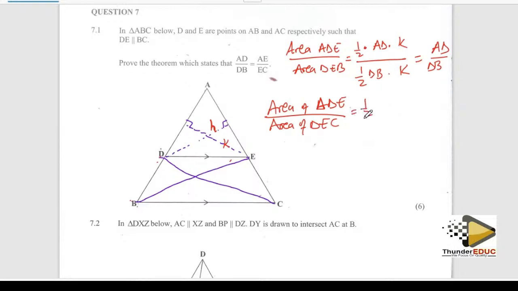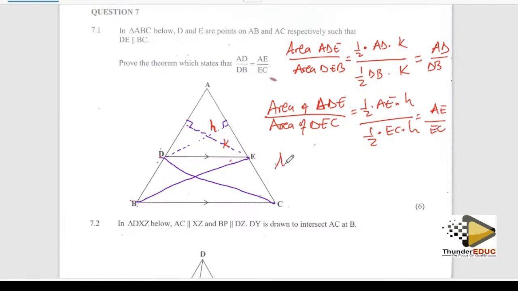So I'm saying a half, instead of using the AD, I'm going to focus on the AE, times my height in this case, which is H, over half, the same height H, but with the distance EC. So EC times H. H cancels, a half cancels. So I have AE over EC.